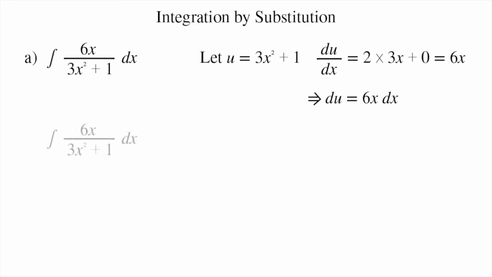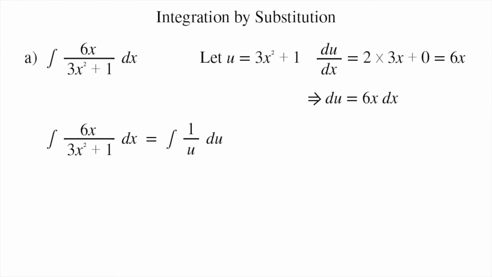If we now look back at the integrand, we see that we have a 6x dx term. So if we now make our substitution, what do we end up with? Well, we replace 3x squared plus 1 with u, and we can replace the 6x dx in the top with du. So, by making a substitution, we've transformed the complicated integral into a much simpler one.